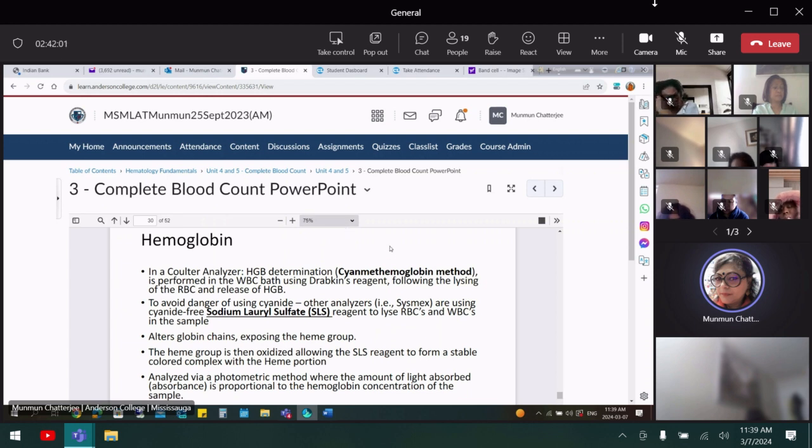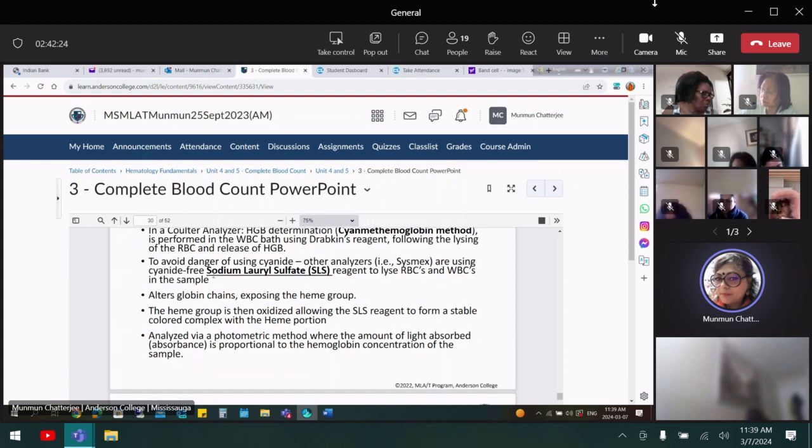Then the Drabkin's reagent converts the hemoglobin to cyan methemoglobin, which we measure using the colorimetric method, using the photodetector in the analyzer. To avoid the danger of using cyanide, other analyzers use cyanide-free sodium lauryl sulfate.